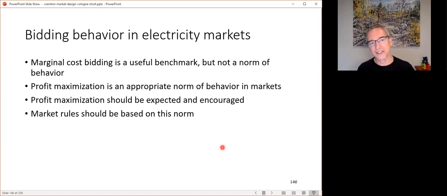My broad message here is that essentially all market power is an issue. And it's an issue irrespective of what the auction form is. And regardless of what you do to try to mitigate market power, it's always going to be an issue that the market designer should be concerned about and try to mitigate.